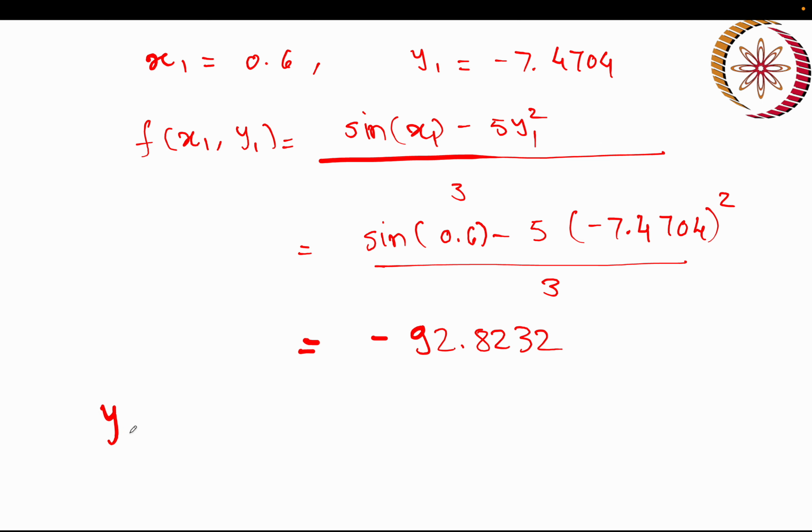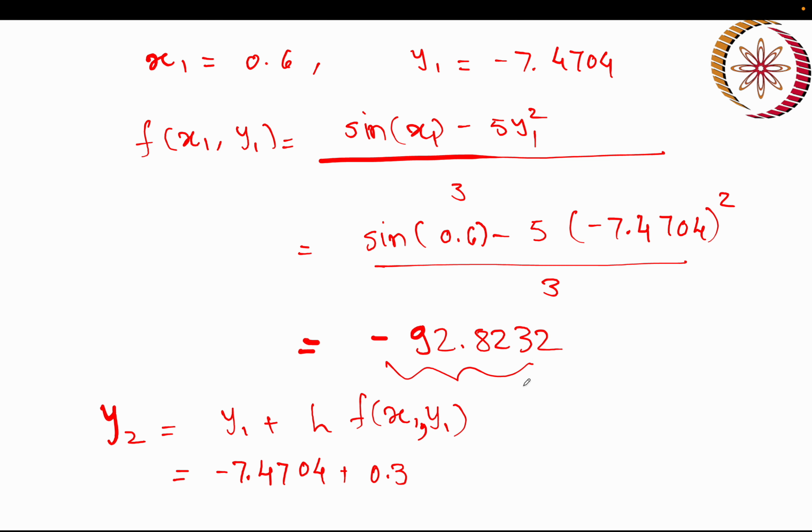Okay, and y2 is y1 plus h into f of x1, y1, and y1 is minus 7.4704, h is 0.3, and f of x1, y1 is this one, it is minus 92.8232.